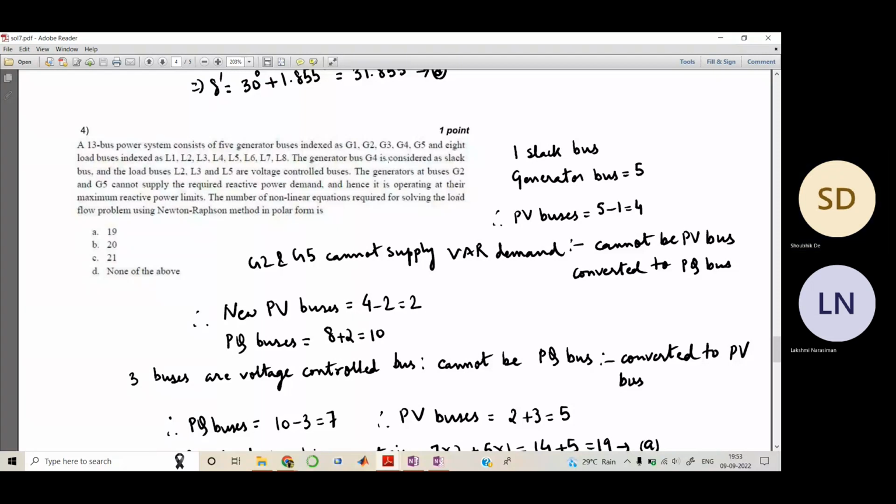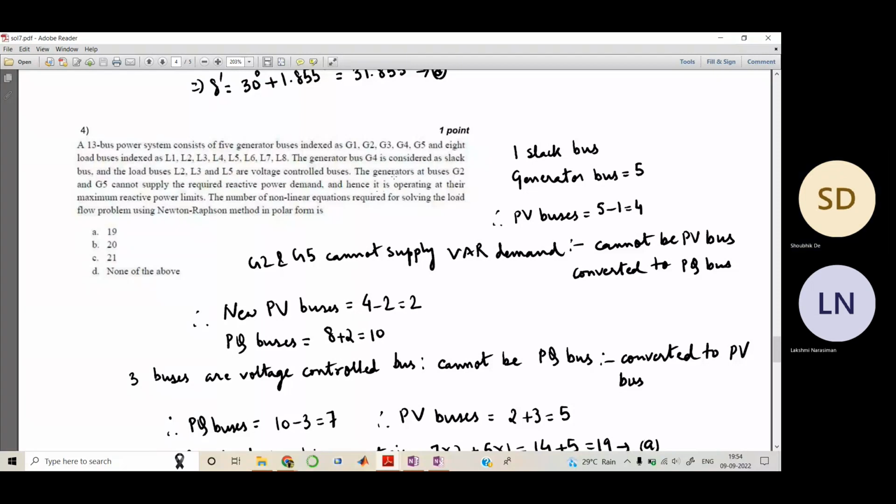They have told that G4 is considered as the slack bus, so therefore you have to subtract it. Now, they have told that the load buses L2, L3, and L5 are voltage controlled buses. So immediately you can see that L2, L3 and L5 are to be considered as PV bus or voltage controlled bus.